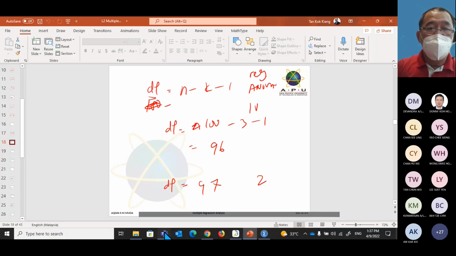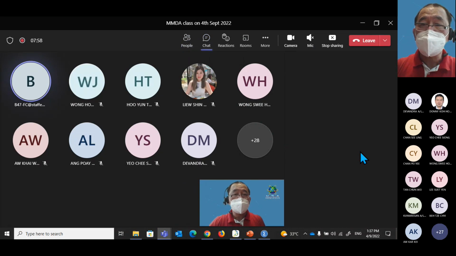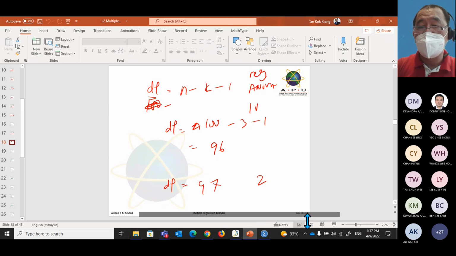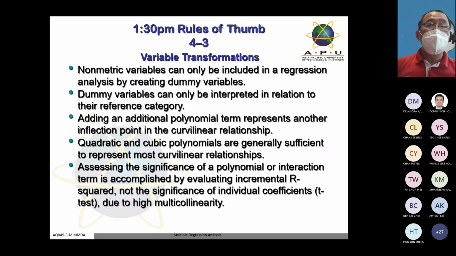So if no question, we continue our discussion in multiple linear regression. Can you see the first point is also linked to what we discussed just now? The non-metric variable can only be included in the regression analysis by creating dummy variables.